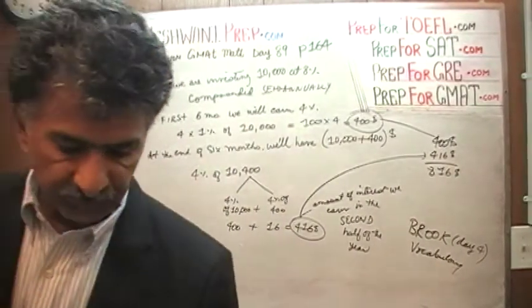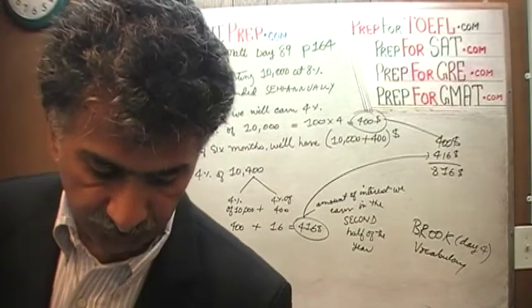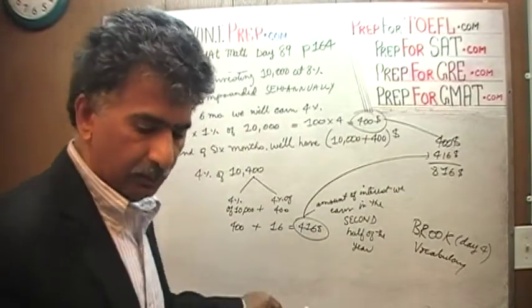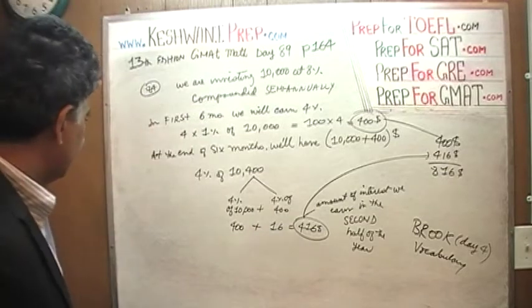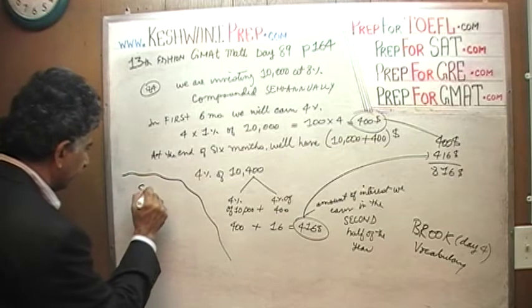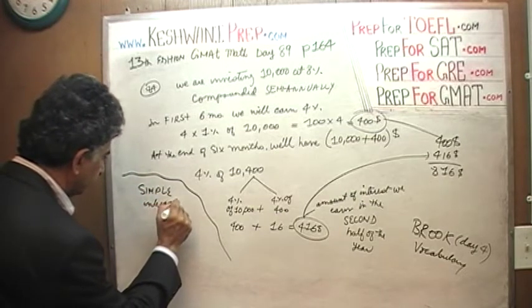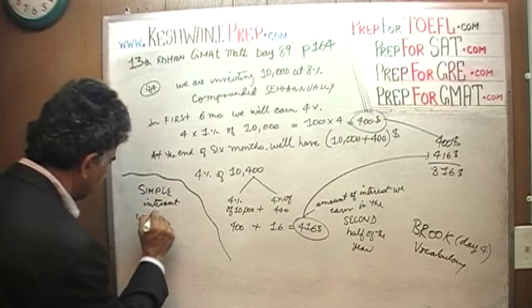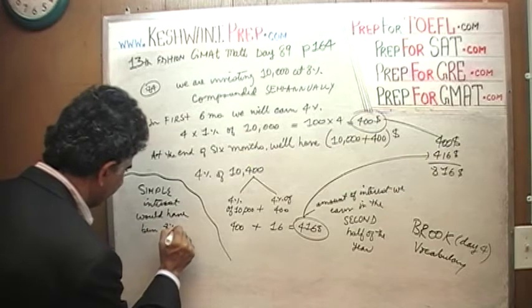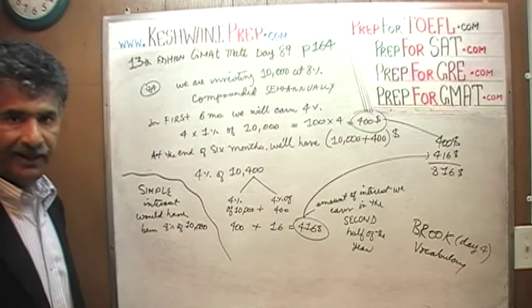Which makes perfect sense, logically speaking, because the simple interest on $10,000 would have been 8% of 10,000.